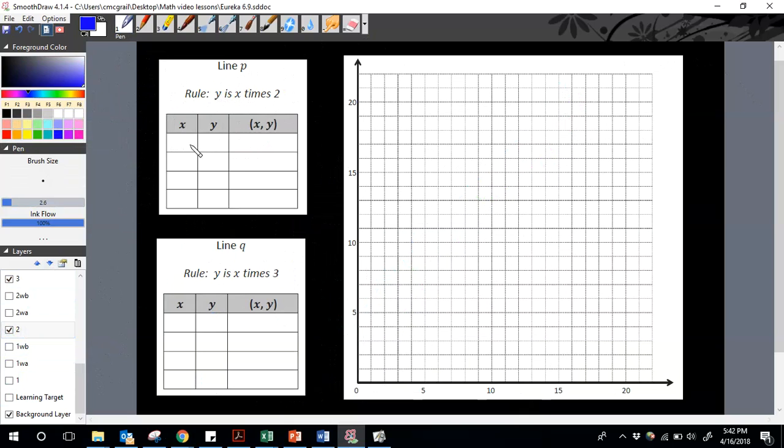So for this one, and actually for both rules, I'm going to choose 0, 1, 3, and 4. So go ahead and see if you can find the y values every time we have an x value. So for example, when x is 0, 0 times 2 is 0, so the y value would also be 0. Go ahead and try that now.